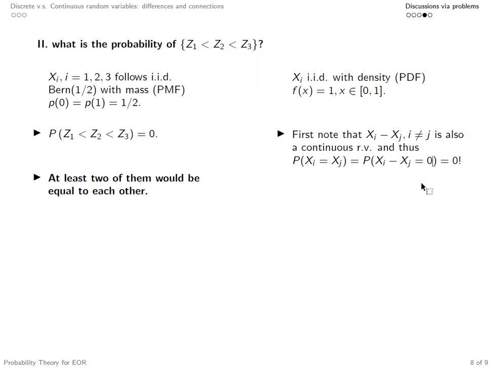However, based on the discussion of problem 1, we know for a continuous random variable, the probability of the variable being equal to an exact specific number is always 0. It's always equal to 0.